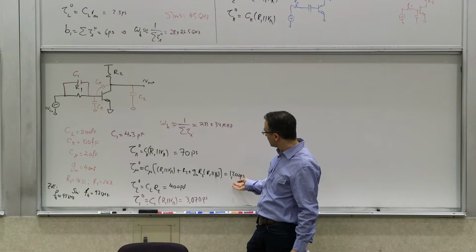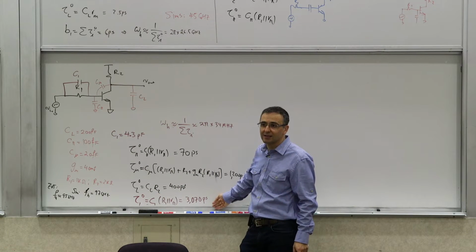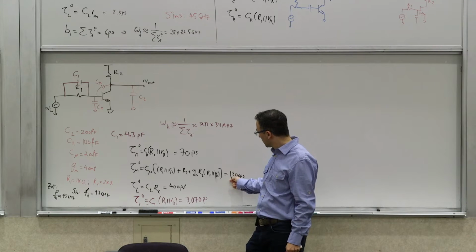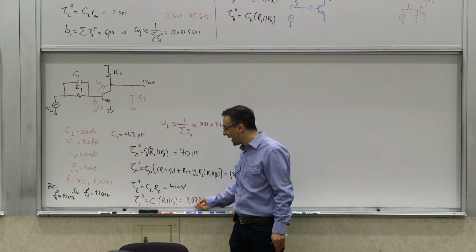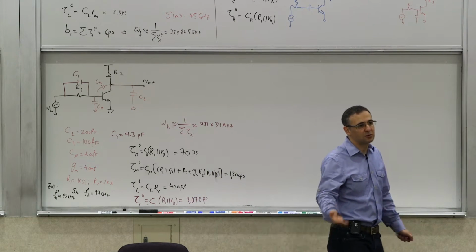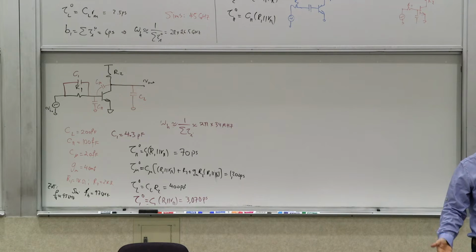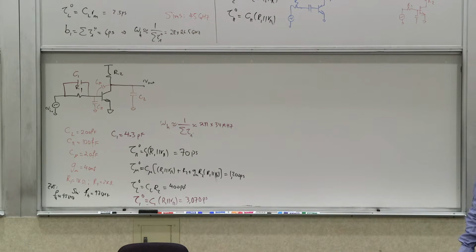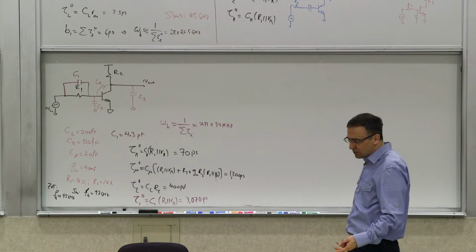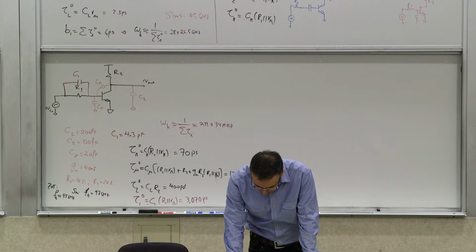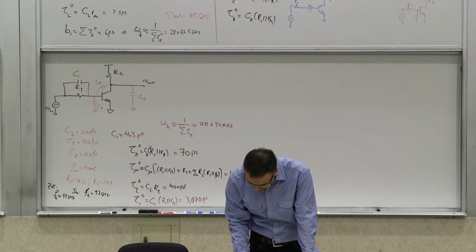The total time constant was 1600, and now you've added almost twice as much. So we went to a 34 megahertz bandwidth estimate. Now we'll go and do a SPICE analysis.